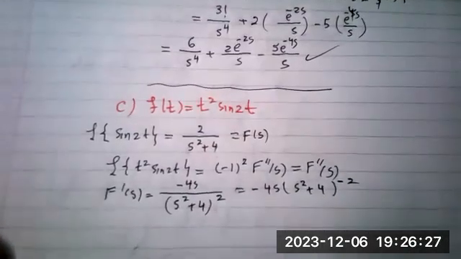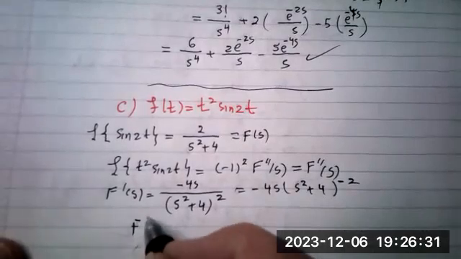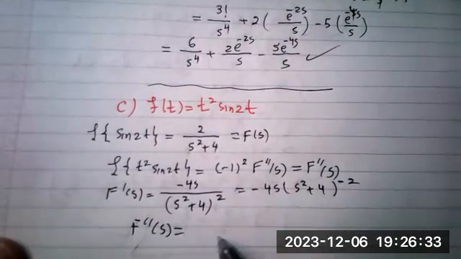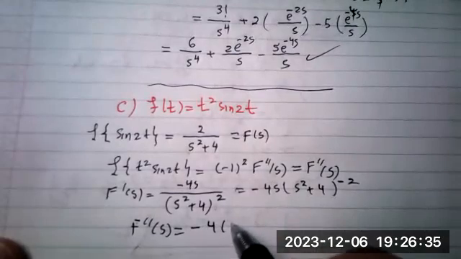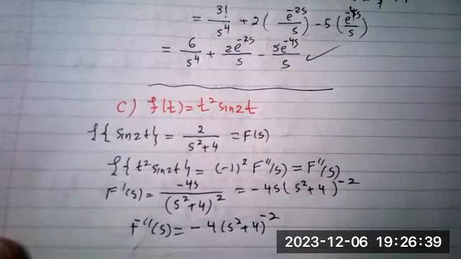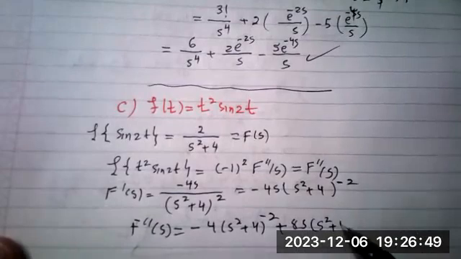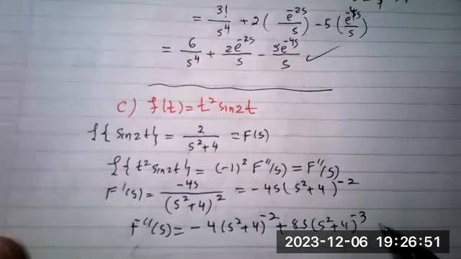Okay, avoid the quotient rule. You go with the product rule. So F double prime of s: derivative of the first times the second, minus 4 times s squared plus 4 to the negative 2. Then the second times the derivative of the first: you bring the negative 2 down, negative 2 times negative 4s would be 8s, s squared plus 4 to the negative 3 times u prime, which is 2s.